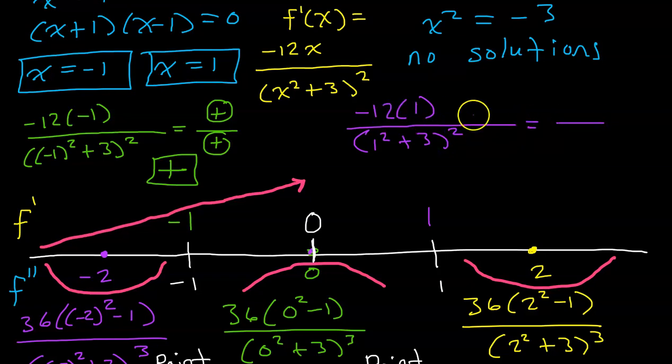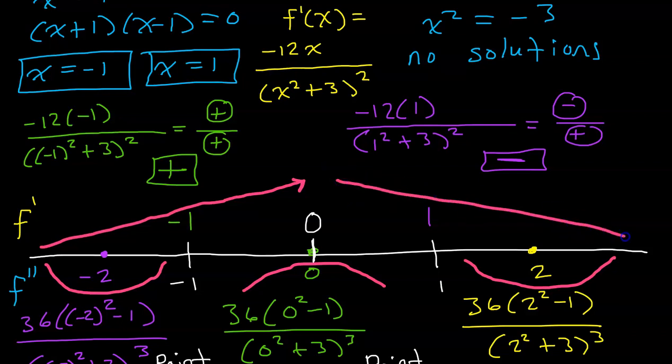So I'm going to have a negative number in the numerator this time, but the denominator is still all positive. But that does mean that the net result is going to be a negative value. So that means in this interval, the graph should be decreasing. So from 0 to infinity, the graph is decreasing.